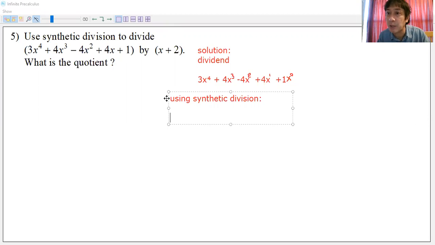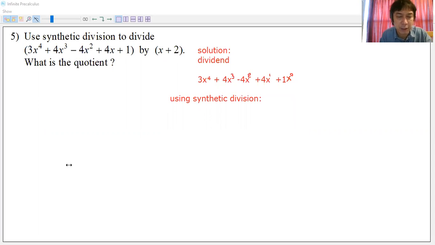If something is missing, say x to the fourth, and then it jumped to some lower degree and it's not the next, I'll cite an example.